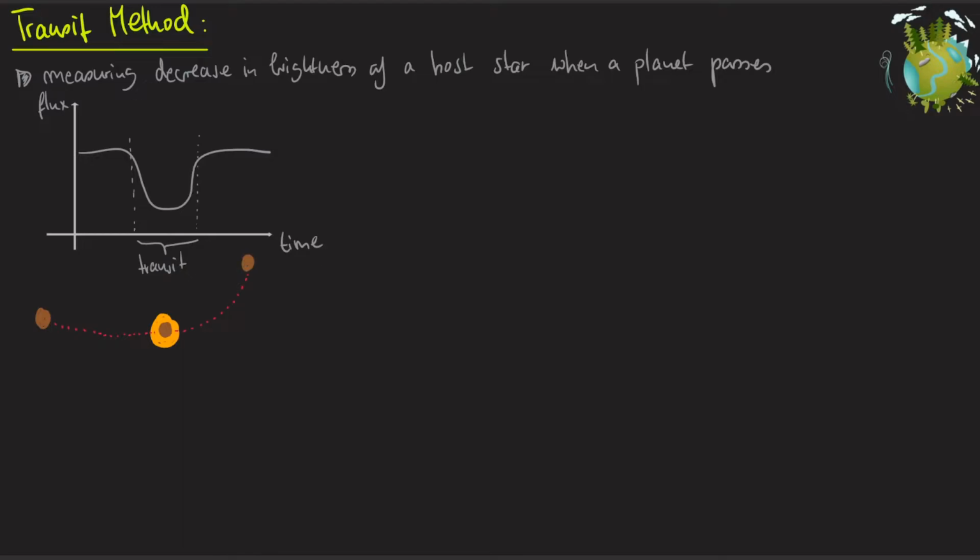And then it repeats this pattern. So we will see the same decrease in brightness with every orbital period of the planet. The duration of the transit and the period do provide data about the distance of the planet from the star.